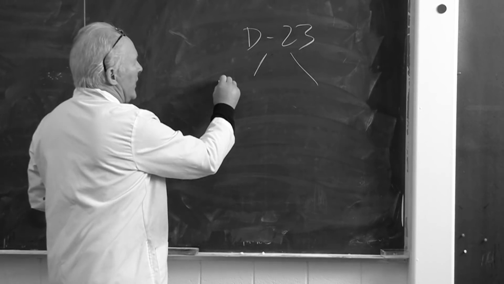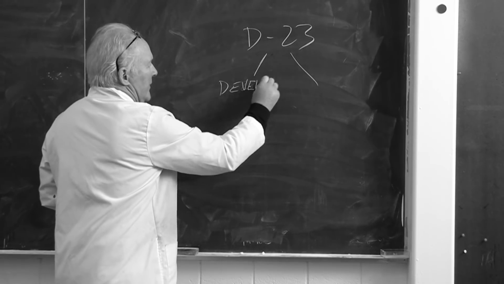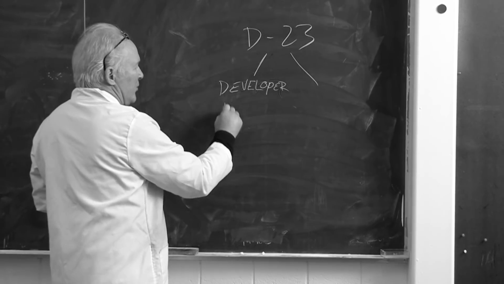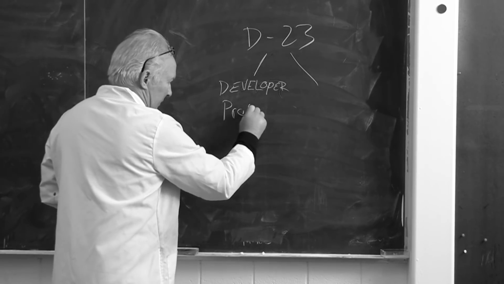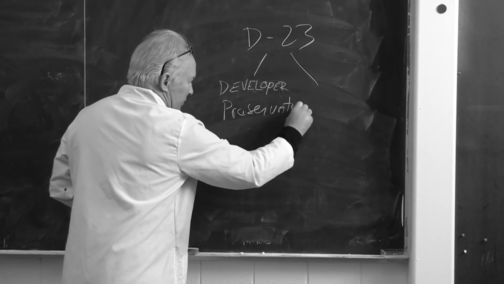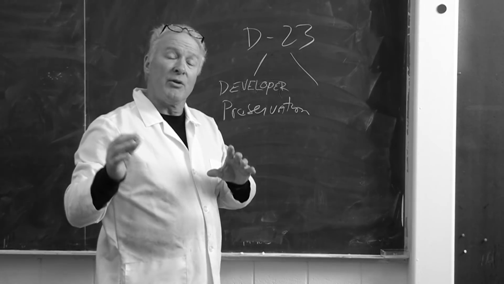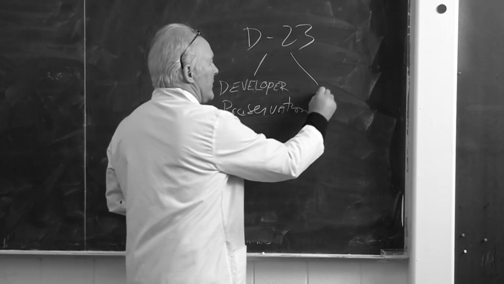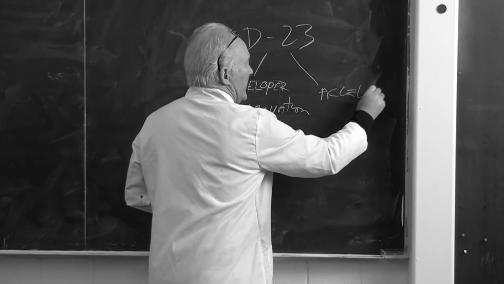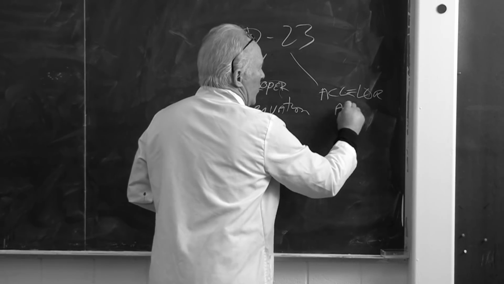One would have your developer, and you would have your preservative. And I actually wrote that out. And the other bottle would have the accelerator.